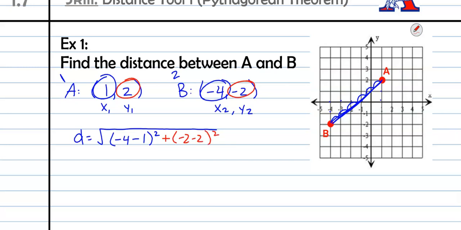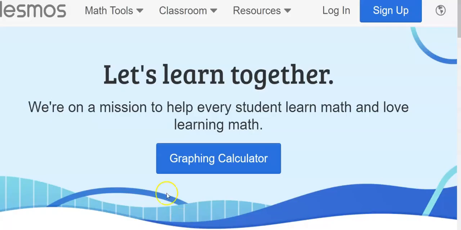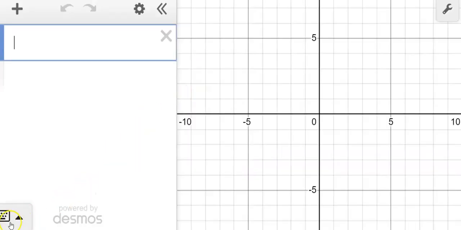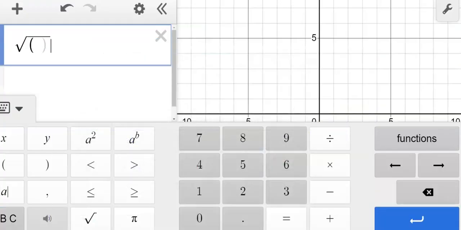Okay, now the really nice thing about Desmos is that you can just punch that whole thing right into the calculator all at once. So I'm going to do that. I'm just going to open up my web browser, go to desmos.com, hit graphing calculator. I'm going to open the keypad, square root button, and then I got to remind myself what it was, -4.